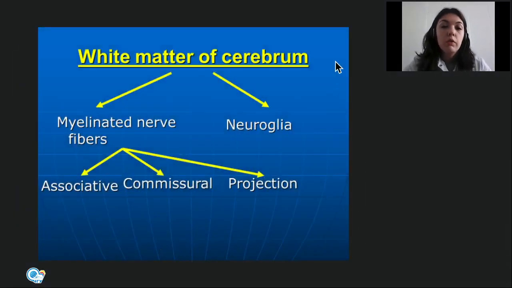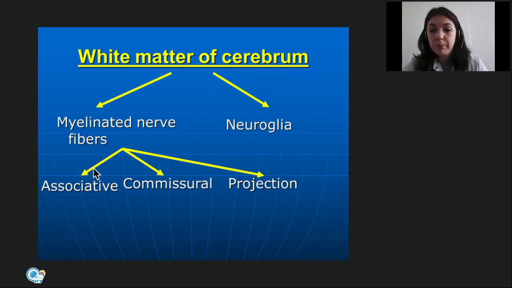Okay, that was about gray matter. White matter of the cerebrum is presented by neuroglia, that is supportive tissue, present in each part of the CNS, and also myelinated nerve fibers, which are axons. These myelinated nerve fibers can be divided into three groups.